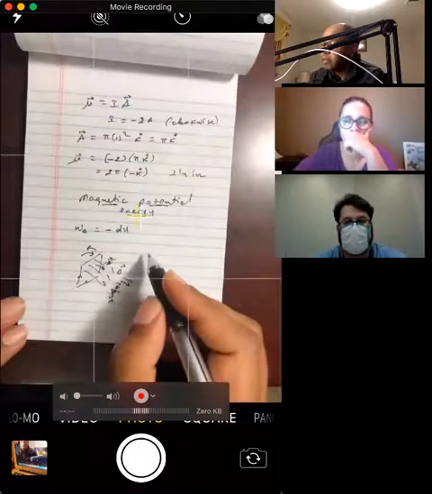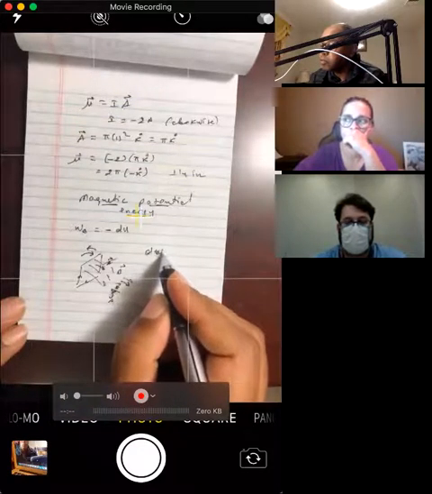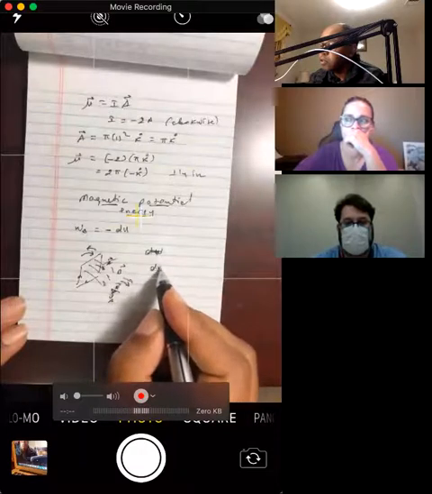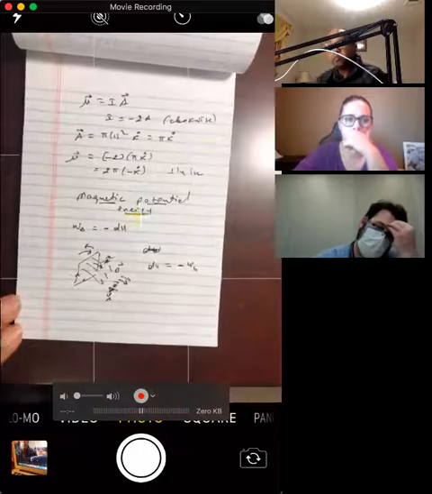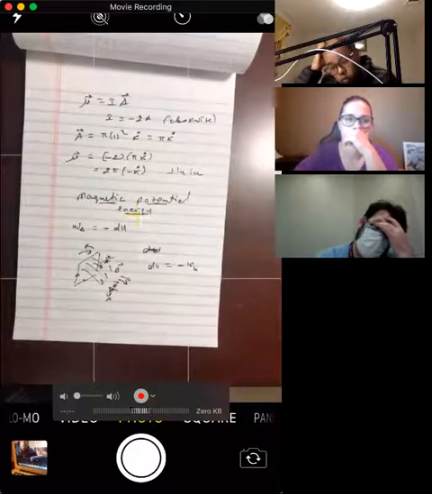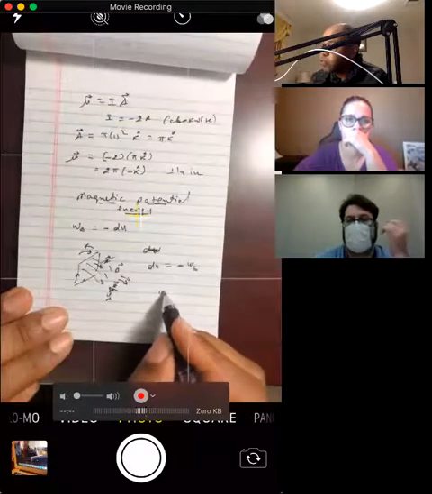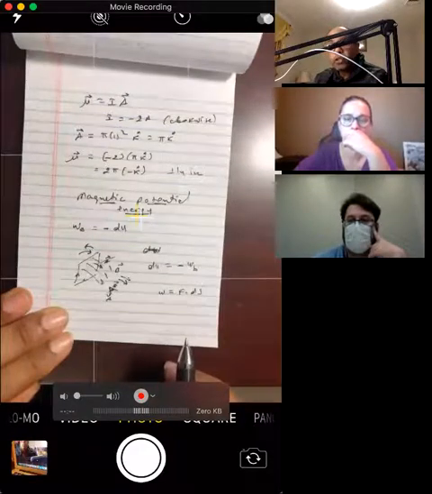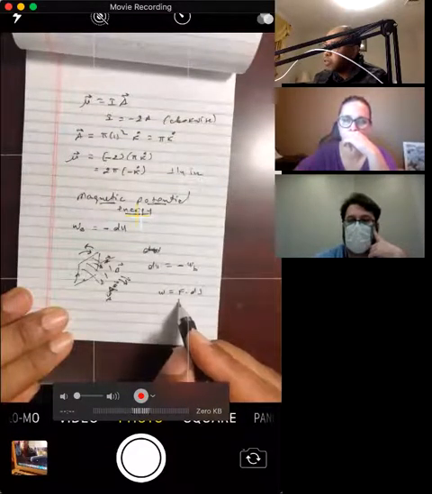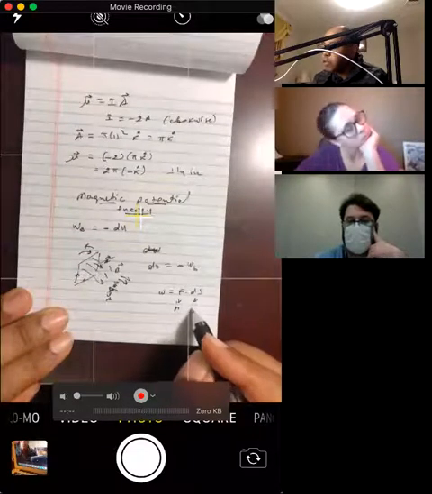So we can say that dU is the negative of the work done by the magnetic force. Do you remember the formula for rotational work? For linear, the formula is force times distance, right? For rotational, the force becomes torque, and the linear displacement becomes angular displacement.